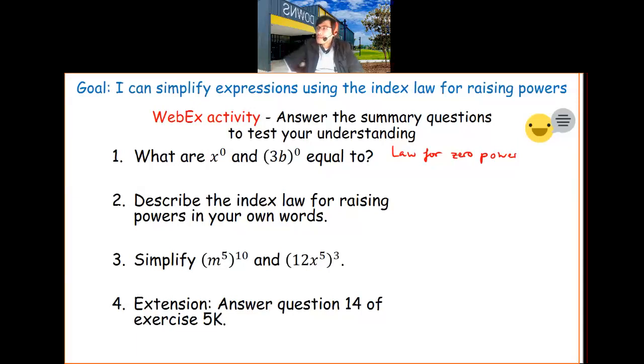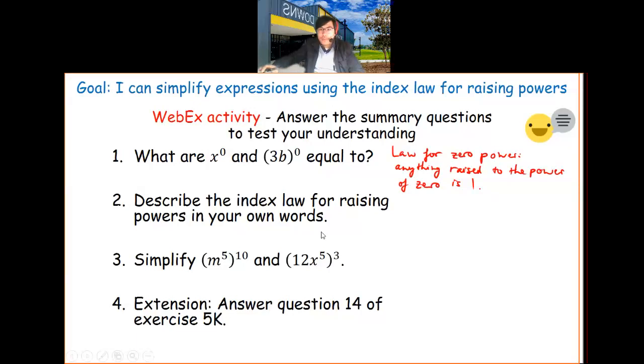So what does the law for 0 power say? The law for 0 power says that anything raised to the power of 0 is 1.